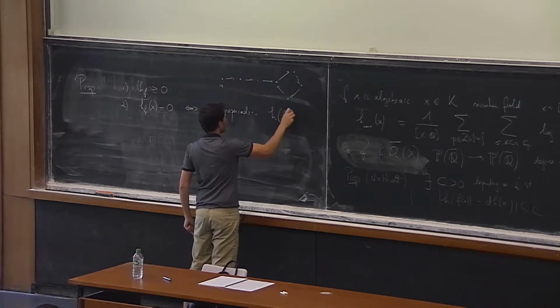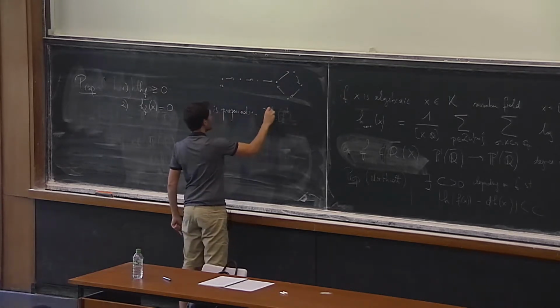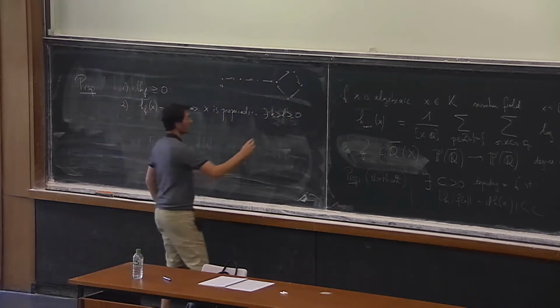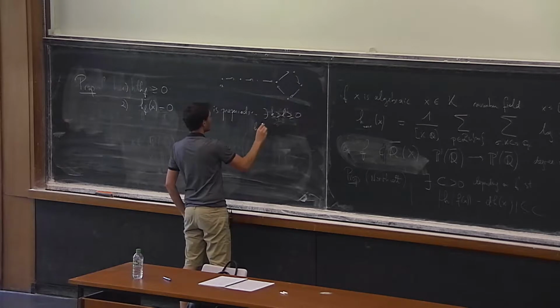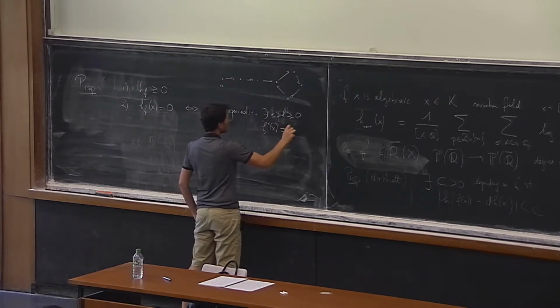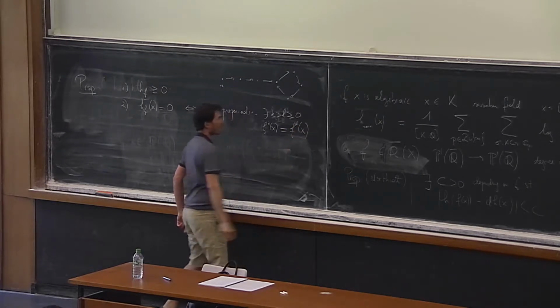So there exist two integers, one bigger than the other, such that F^k of x is equal to F^l of x.